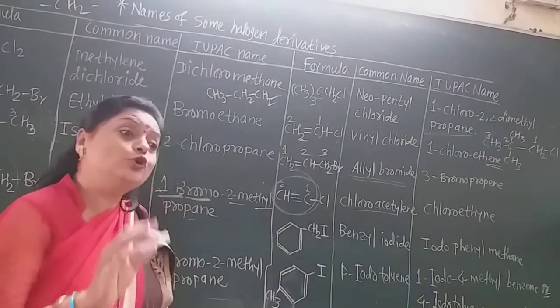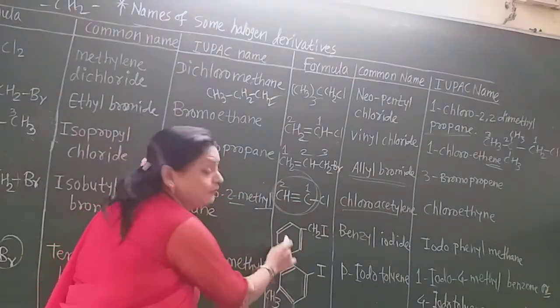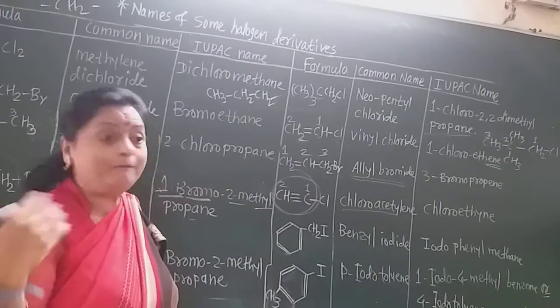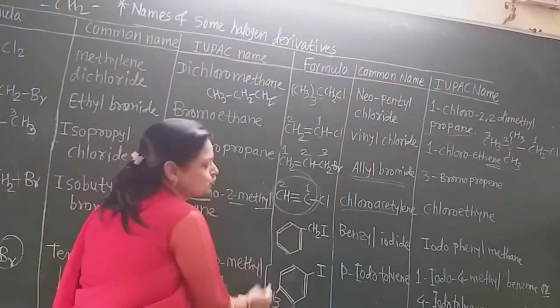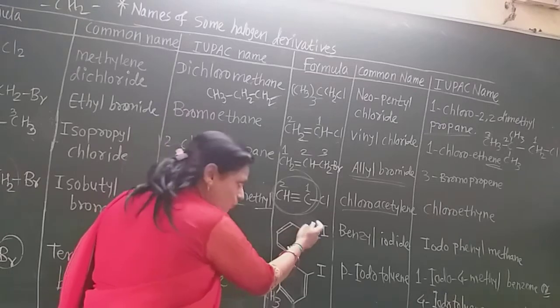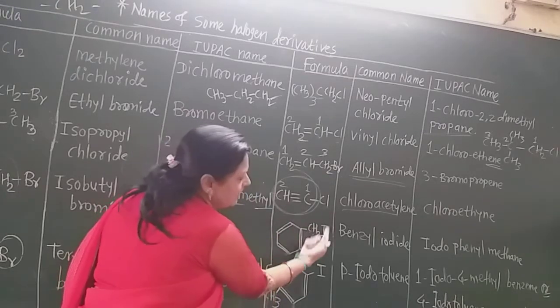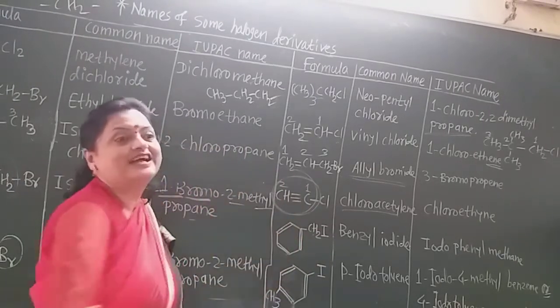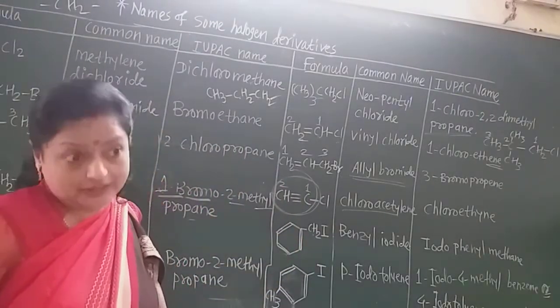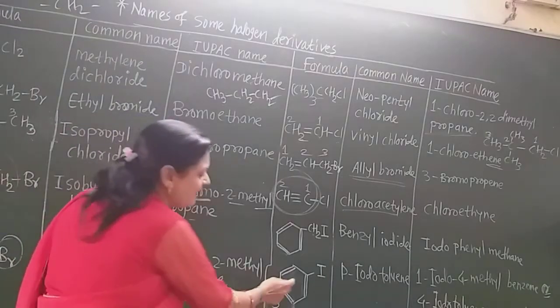I also told you that this is the phenyl grouping. If one of the hydrogens is replaced from benzene, it becomes phenyl. So iodophenyl, and originally it is methane because two hydrogen atoms are replaced, one by iodine and one by the phenyl group. So it is iodophenyl methane. Remember that.